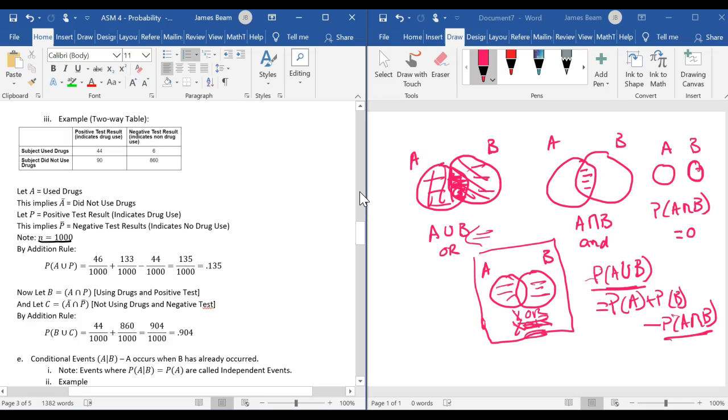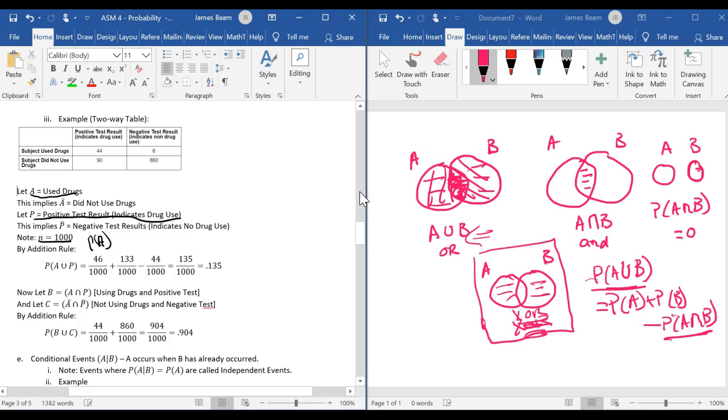So A is going to be drug users, and P is testing positive. These are the people who are either drug users or testing positive. So this is the probability of A here.